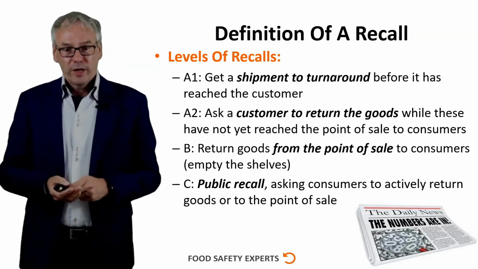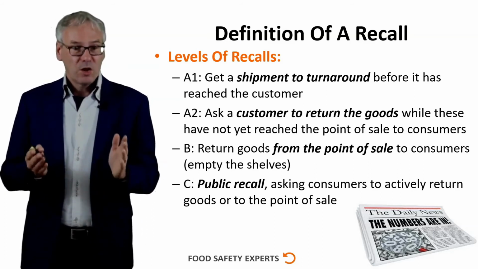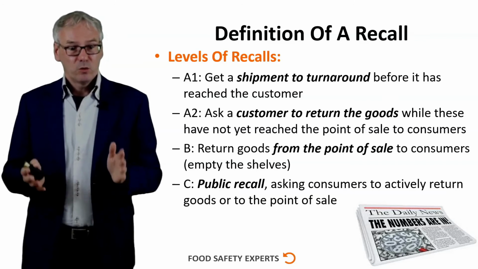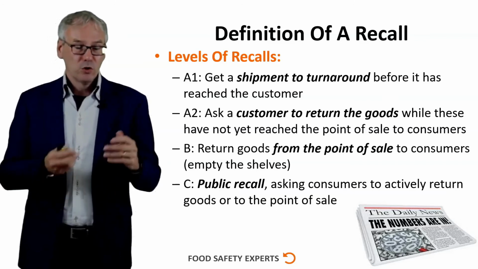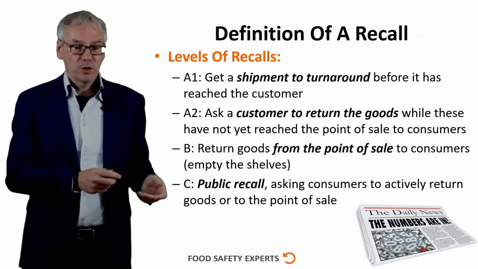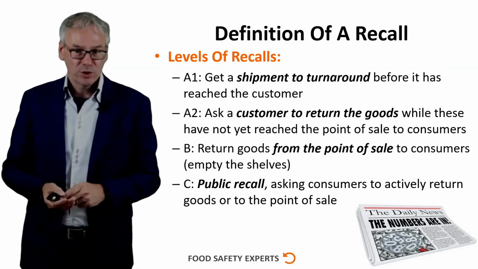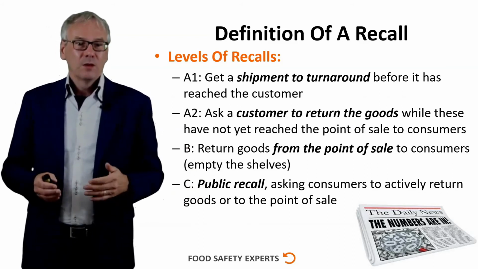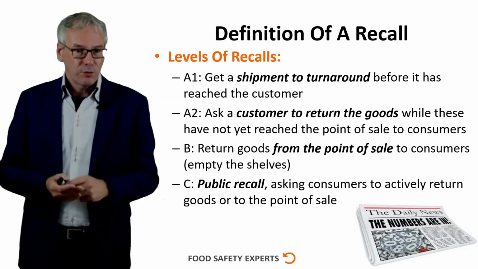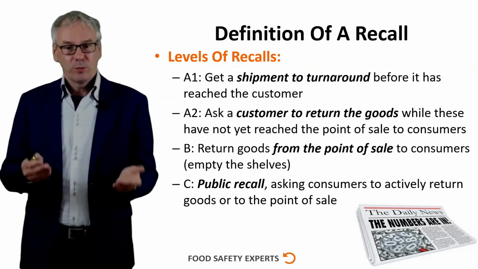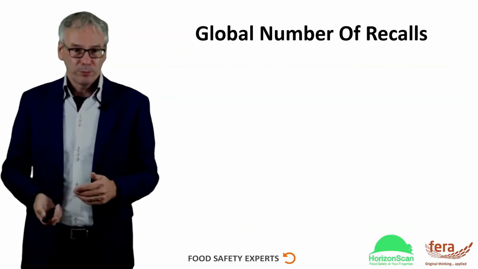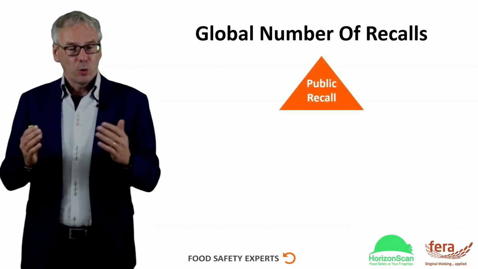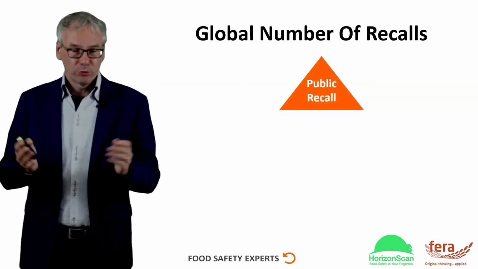But in all cases, these are the areas that we consider to be product recalls. So it's not only just the public ones or the ones where you empty the shelves in retail. If we take these 3 or 4 levels and put them into a picture, we get the following picture. At the very top of the pyramid, we have the public recalls.